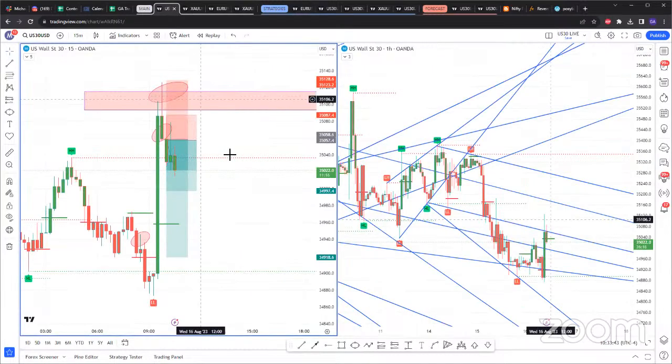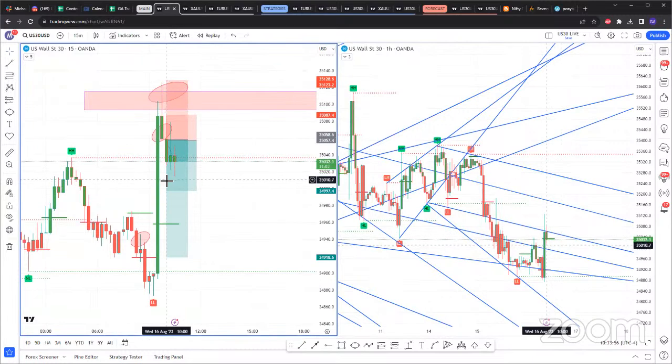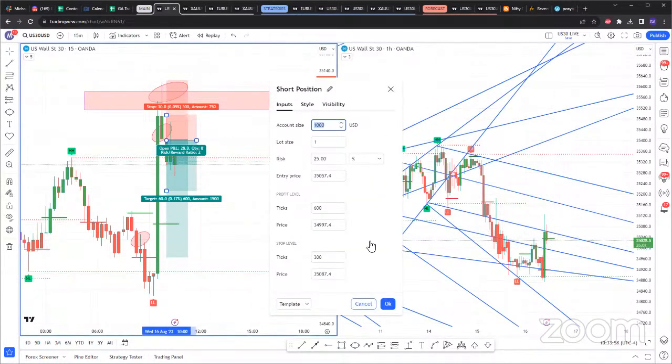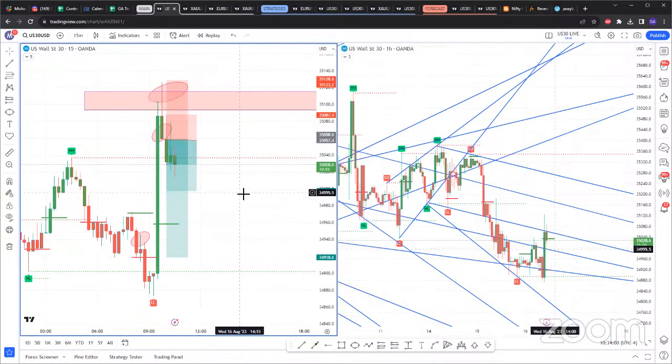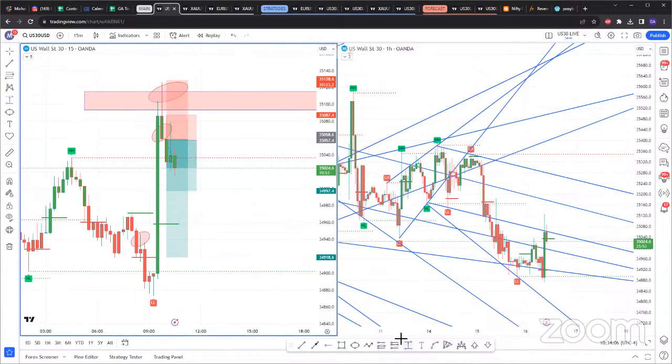US 30 is dropping, so there we go. It took a while, but we are dropping here. The filler trade got stopped out at break even. If you entered the second trade with me, when I entered, you should be at 1:1 anytime from now. Let's see how far down it is.